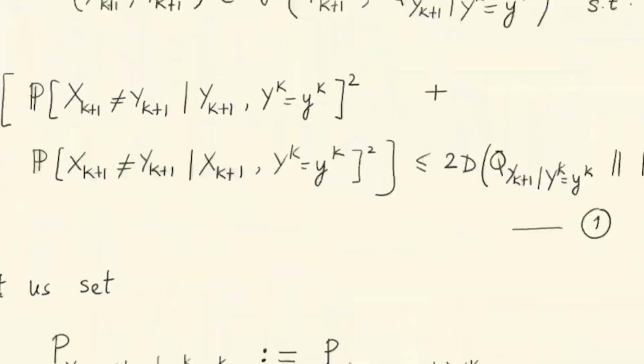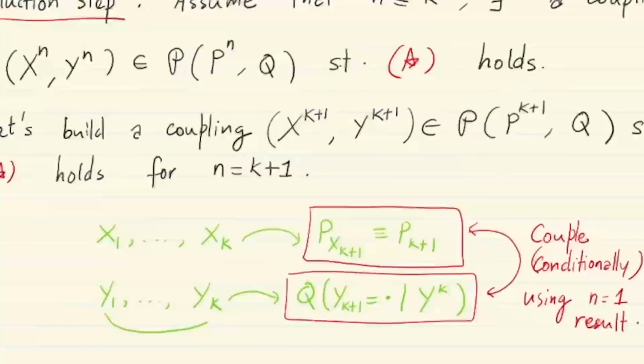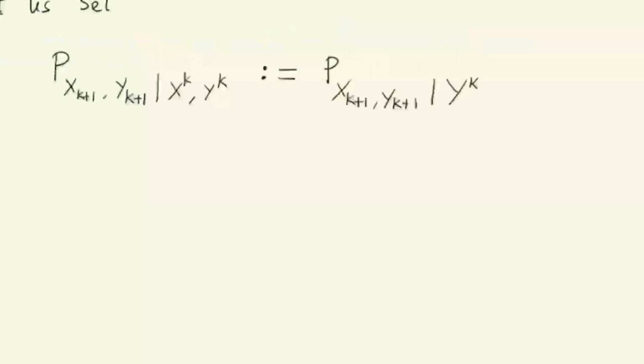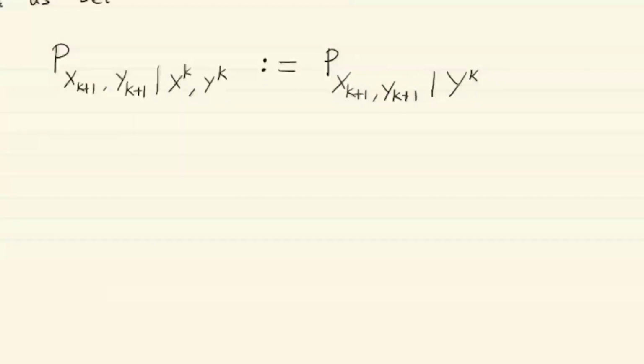Okay, so what this means is basically that it exactly executes this diagram. You take the first k y's, that gives you a conditional distribution on the k plus first y, and just use a coupling that can couple this conditional distribution for yk plus 1 with the standard distribution pk plus 1 for the xk plus 1. Okay, so this is how we inductively define. So this basically defines a probability distribution on x1 through k plus 1 and y1 through k plus 1.